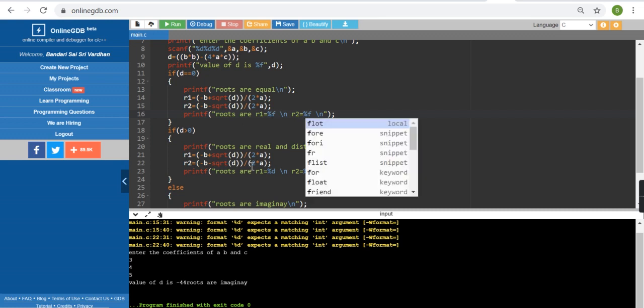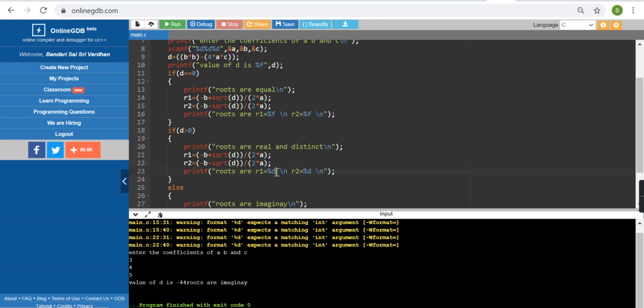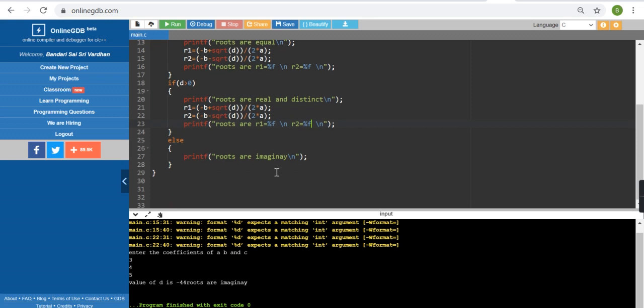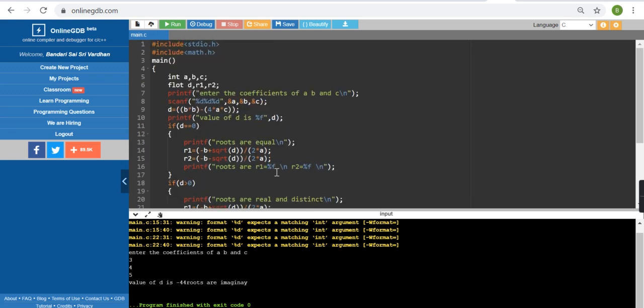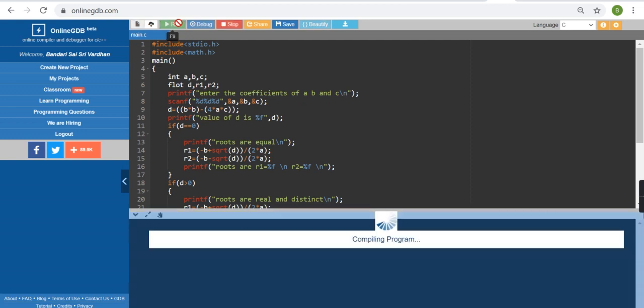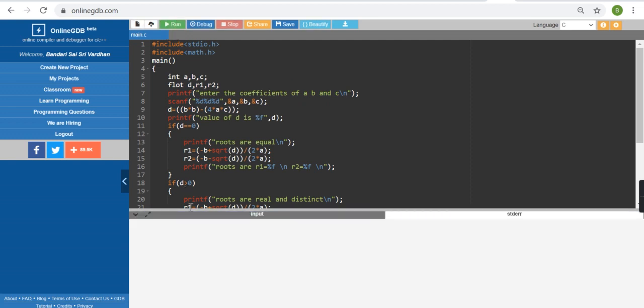What is %f? %f is a format specifier for floating point. Right? Format specifier for floating point. So once you get the warnings, go through them. We can just ignore them, but if you go through them, you will be able to understand.